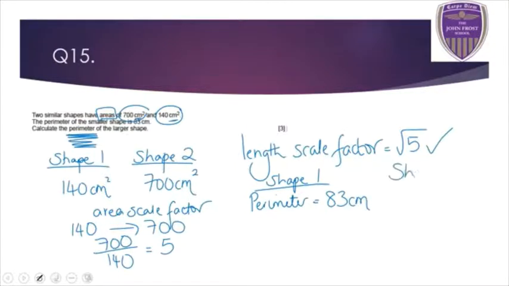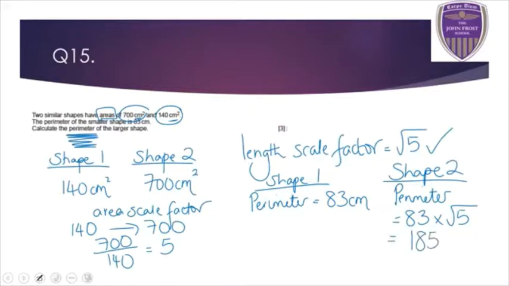So the larger shape, the perimeter will be 83 times the scale factor root 5, and the answer is 185.6 centimeters to 1 decimal place. So it's all about finding the scale factor first.